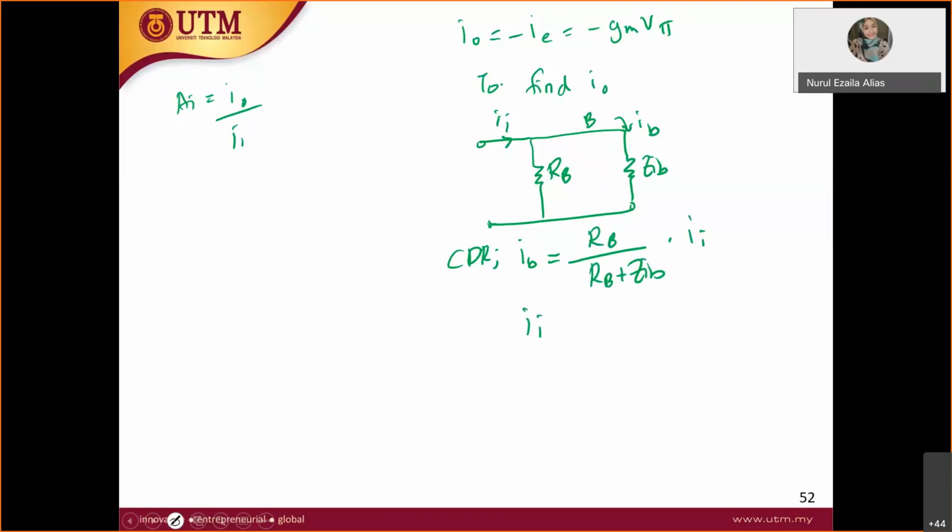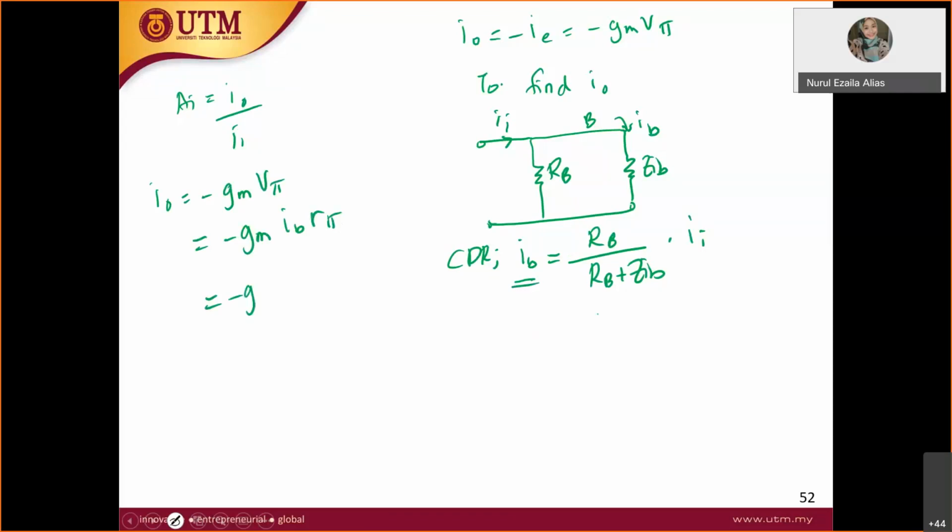Right. So now, if we write it again over here, your I out will be negative GM V pi. And you know that V pi is IB R pi. Therefore, you can replace this IB.